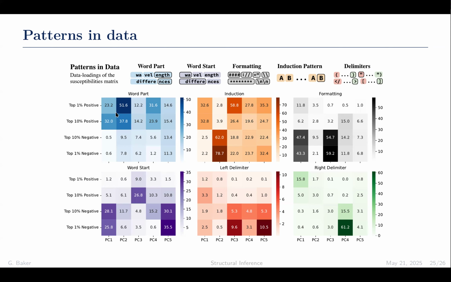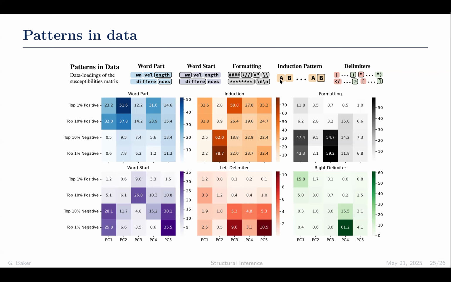And each of the different XY pairs can be categorized in a variety of different ways. We chose really six ways of categorizing them by word parts. That means, is it inside of a word? Word starts. That means, does it have a space inside of it? Formatting tokens, as you can see, are things that nobody would ever say, but computers care about. Induction patterns. I mean, you know what an induction pattern is.